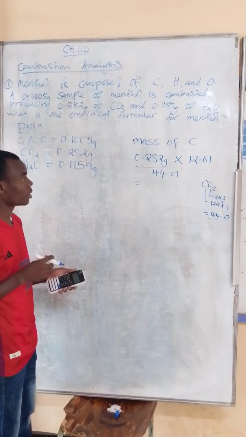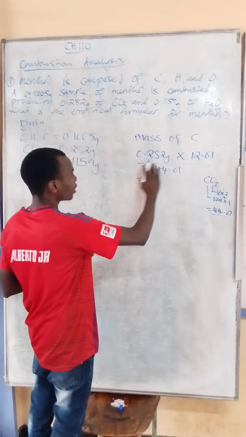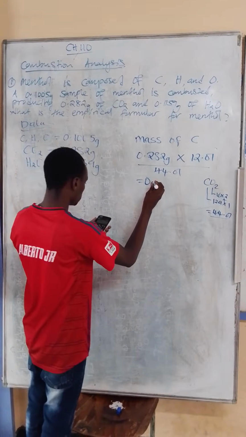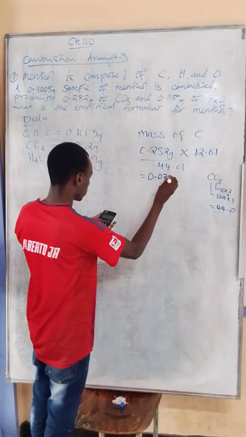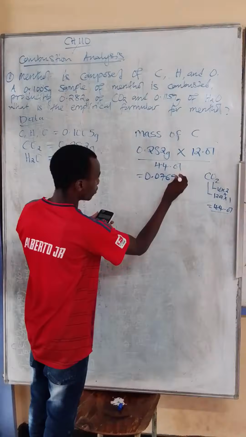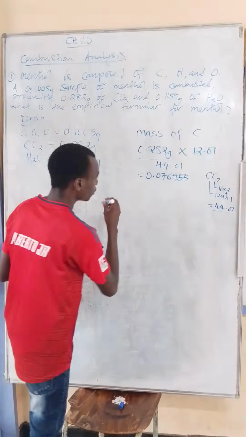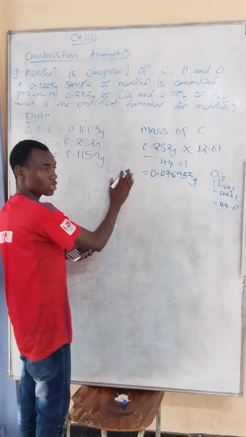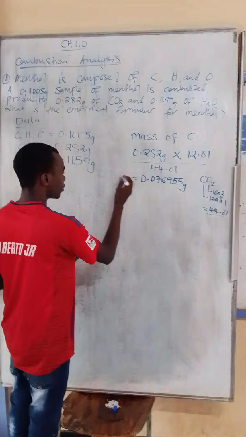When you punch this, it will give you 0.076955. We can end here. So this is the grams. This is the mass for carbon.